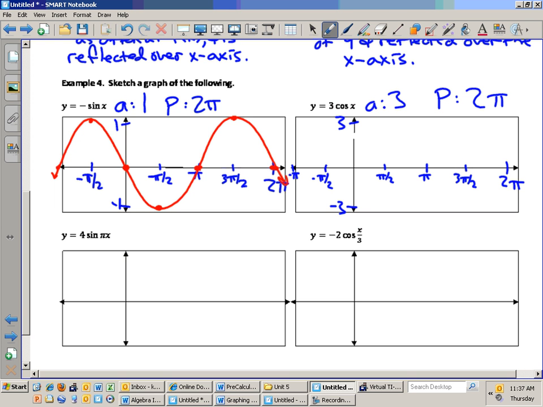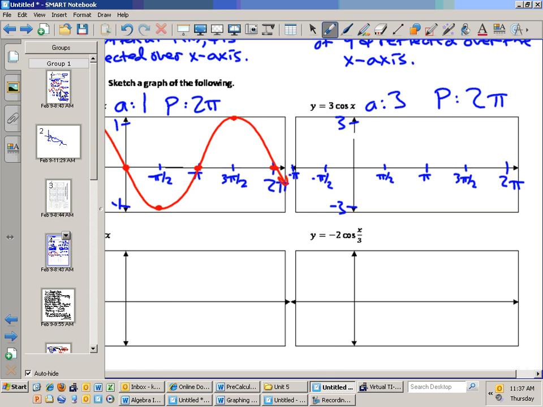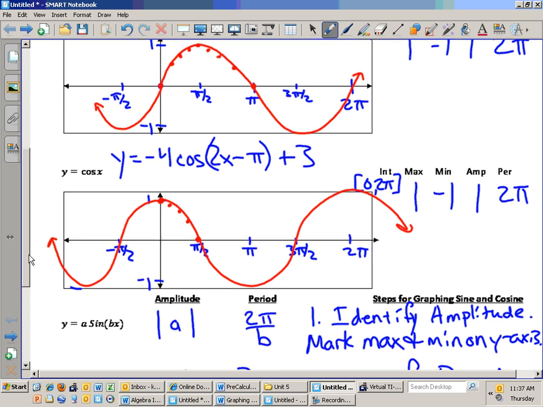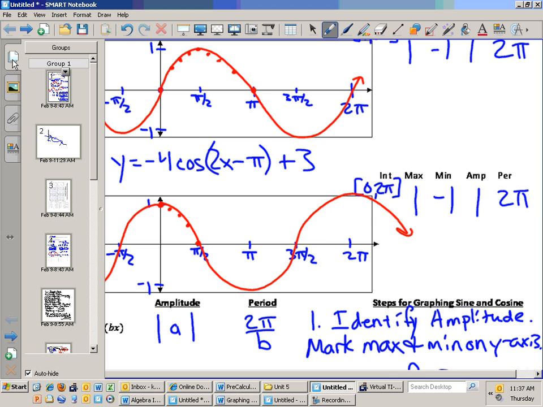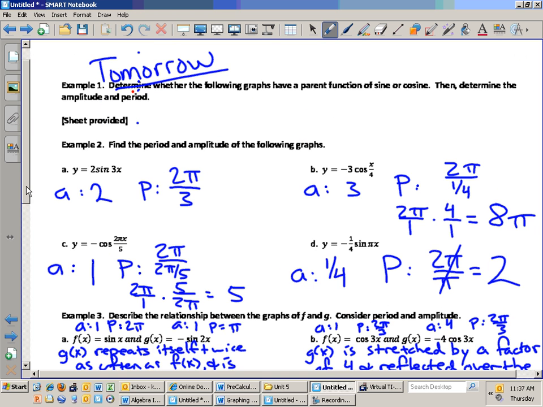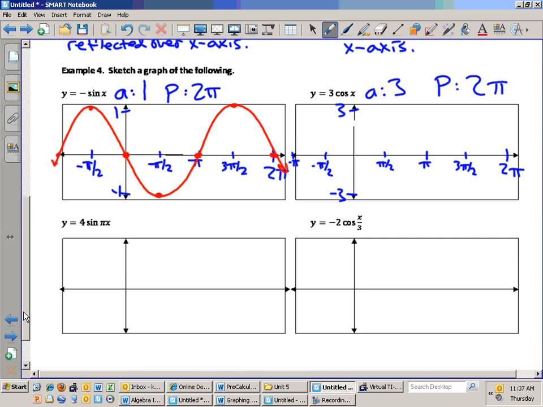So I've done those first 2 steps already. My last step is to identify the starting point and the direction. Where does cosine normally start? It starts up at the top normally, doesn't it? Normally starts right up here at 1. Well, in this graph, being it's multiplied by 3, it will start up at 3.